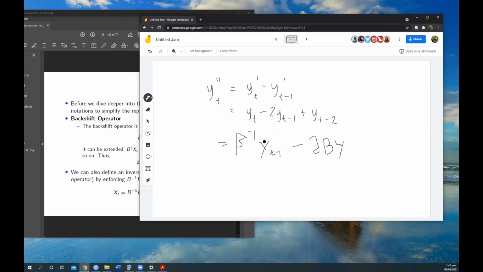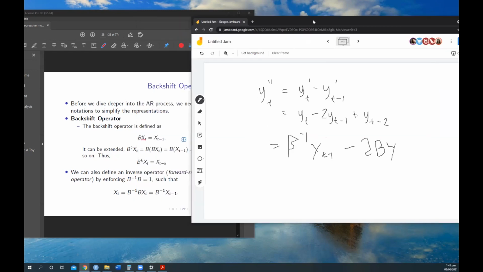Hindi na kailangan si inverse operator. Yung tinatawag nating forward shift, hindi natin siya gusto. Ang gusto lang natin is yung backshift lang.